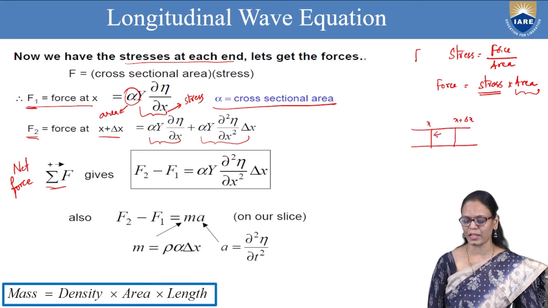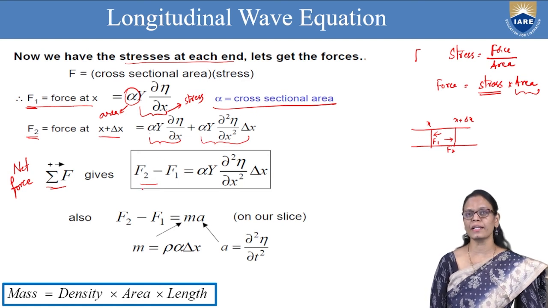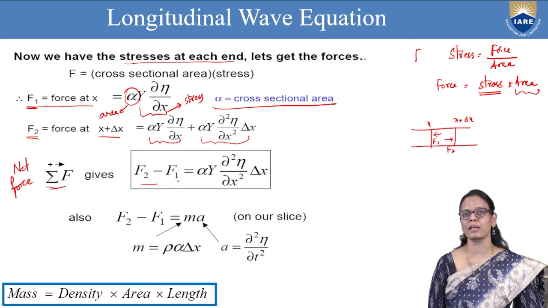If the force acting on the slice is F1 on one side and F2 on the other, the resultant force will be F2 minus F1. F1 is acting in the negative direction and F2 in the positive direction. So the resultant is given by F2 minus F1.